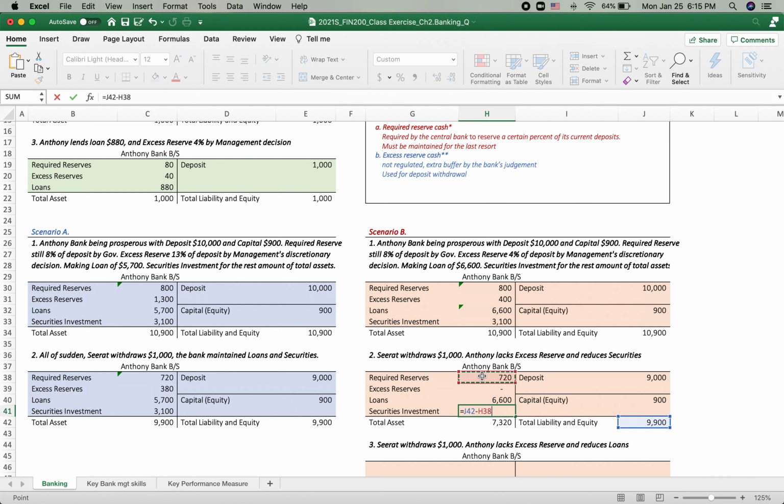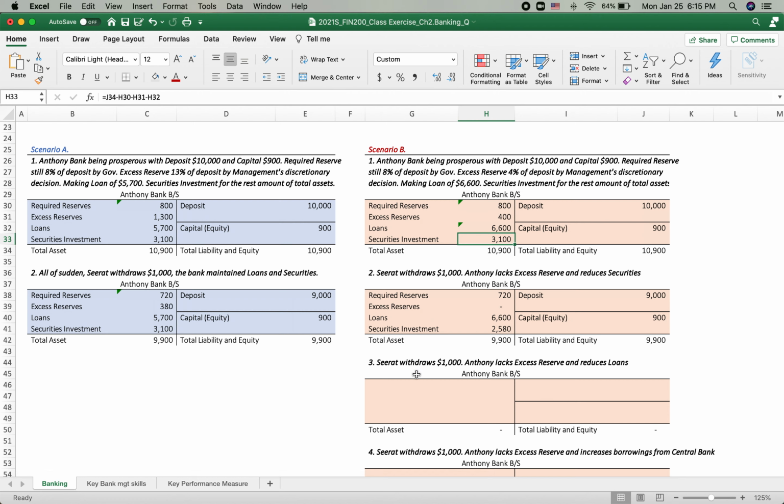We can just plug in. So securities investment is 2,580. That is from 480 from the reduced amount of required reserve, and then the rest amount from the securities investment. Okay.